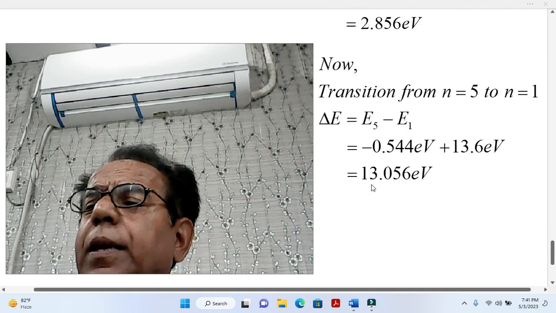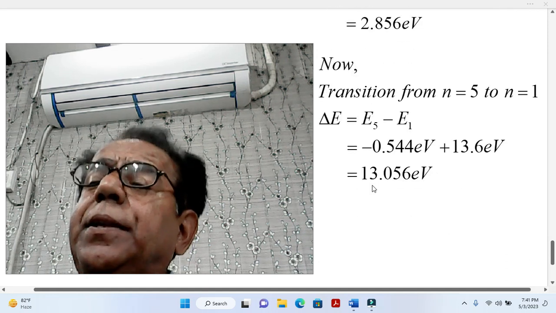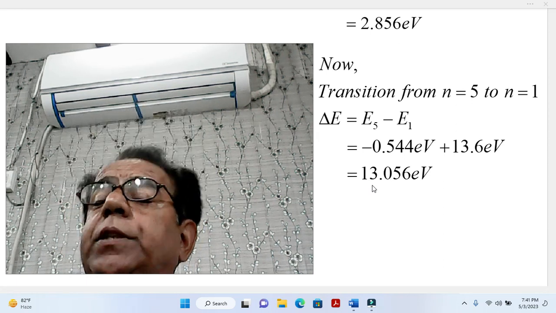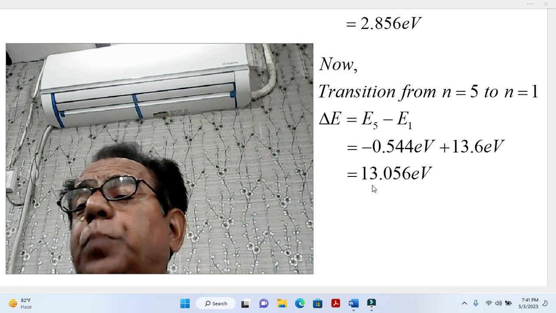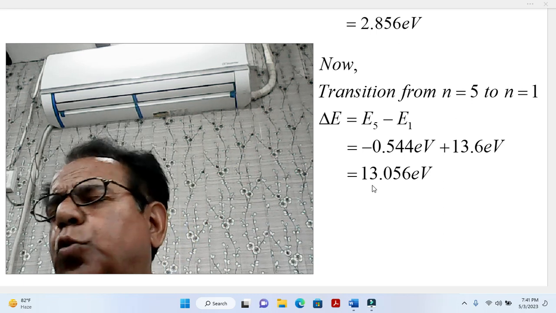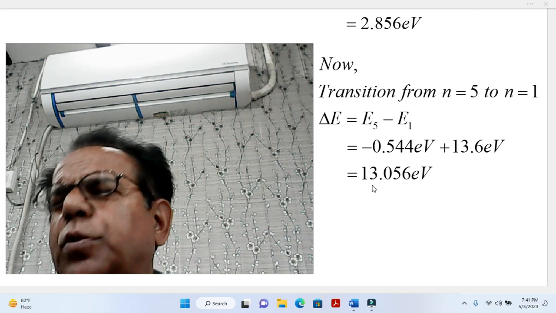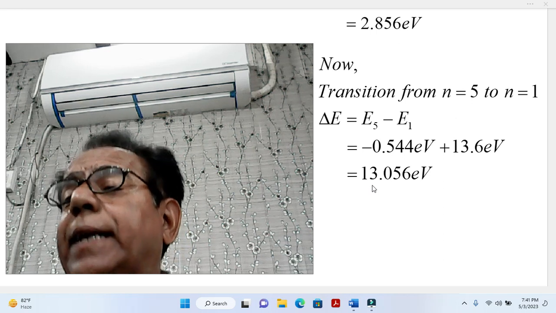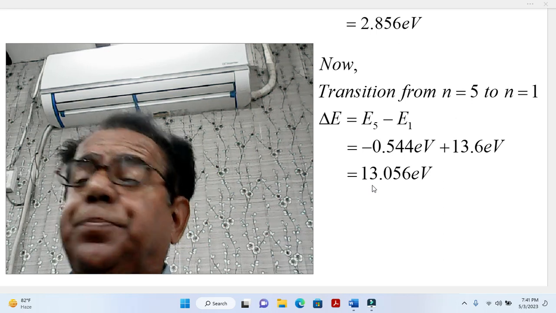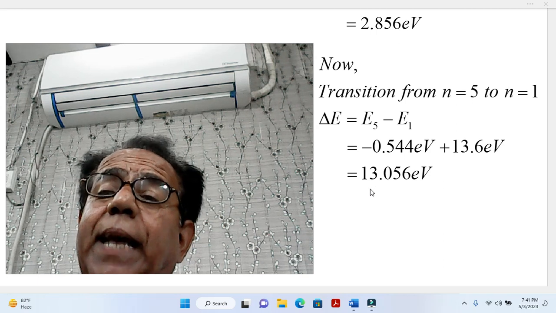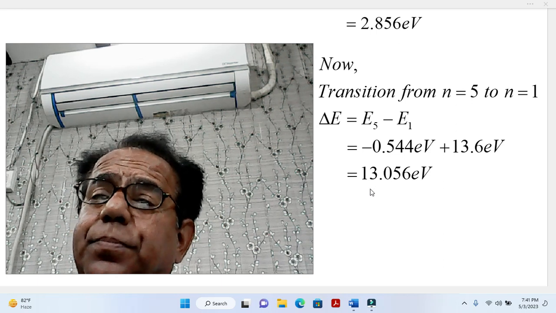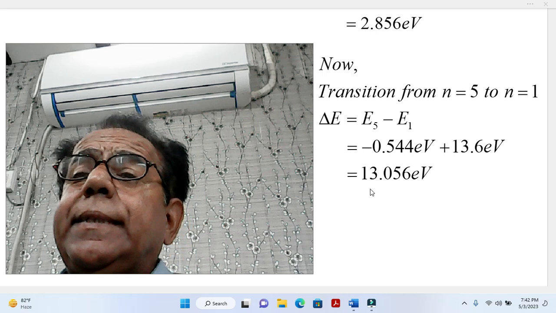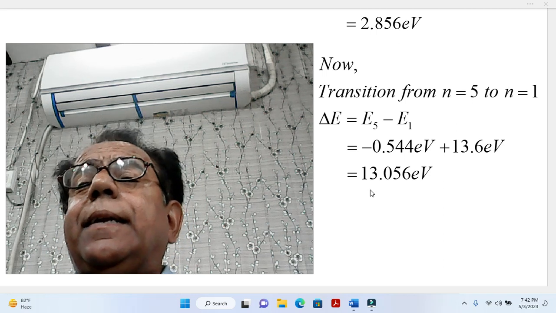Now the last transition from n equal to 5 to n equal to 1, delta E, that is change in energy, is equal to E5 minus E1 is equal to minus 0.544 electron volt plus 13.6, while we know that E1 is minus 13.6, but as we have said many times in this connection, when two multiplying signs are similar, their result is positive.